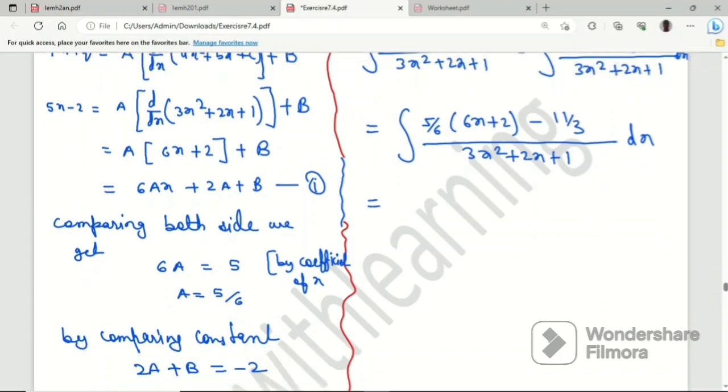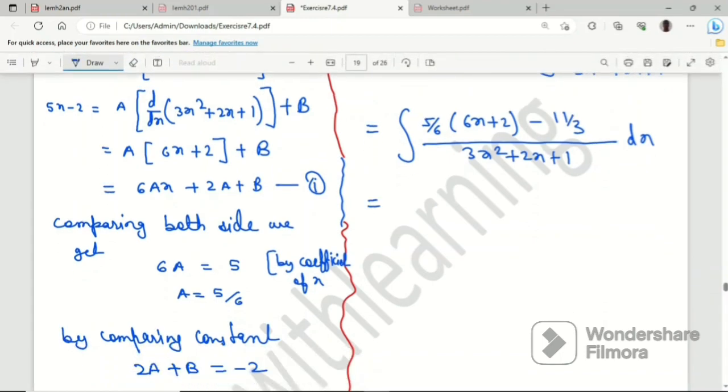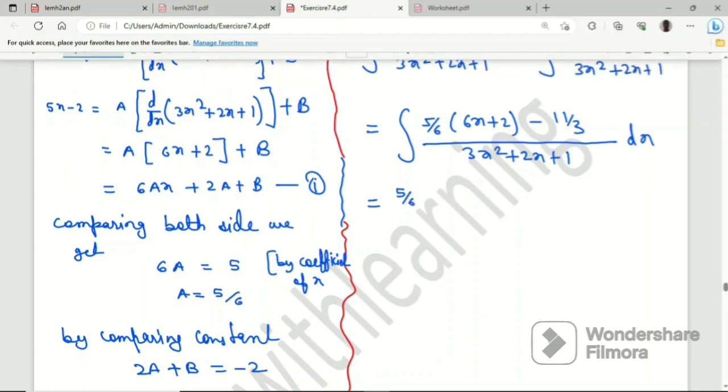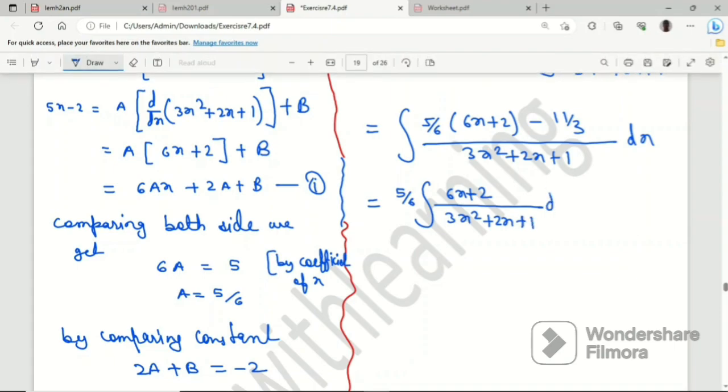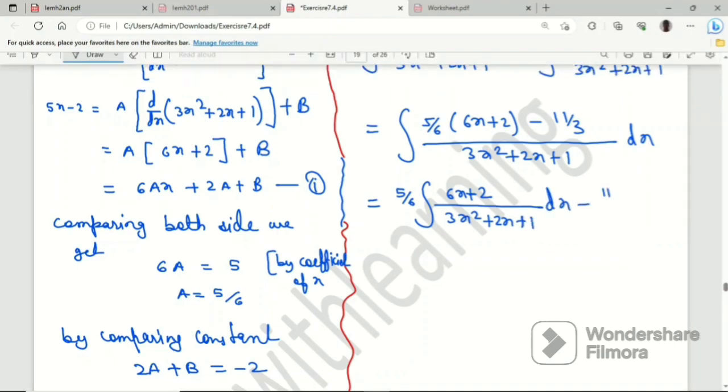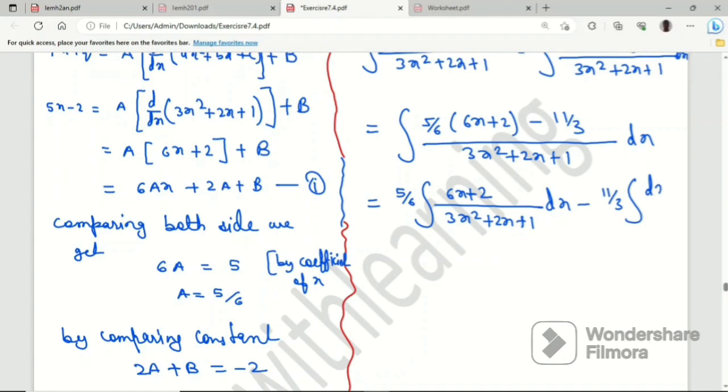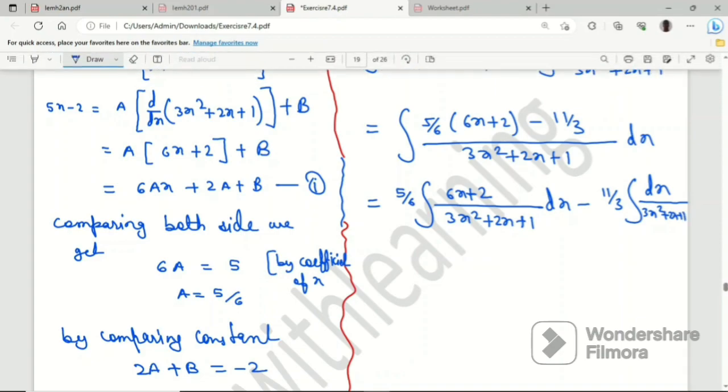So now I will separate this integration into two parts. I'm sending 5 by 6 outside: 6x plus 2 over 3x square plus 2x plus 1 dx, minus 11 upon 3, dx upon 3x square plus 2x plus 1.